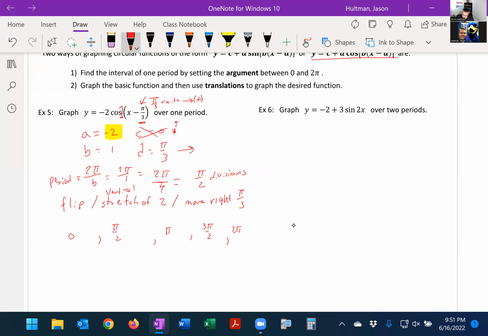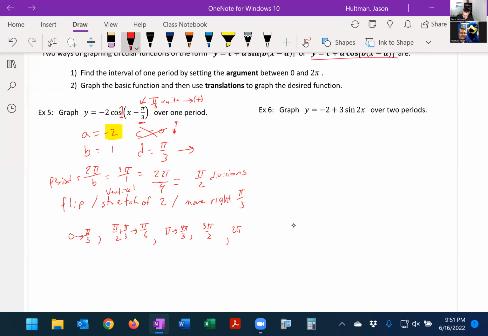But we're going to have to move everything pi over 3 units. So this 0 point on my cosine function is going to be moved to pi over 3. The pi over 2, if I add pi over 3 to that, becomes 5 pi over 6. If I add pi plus pi over 3, I get 4 pi over 3. So this gets moved to 4 pi over 3.